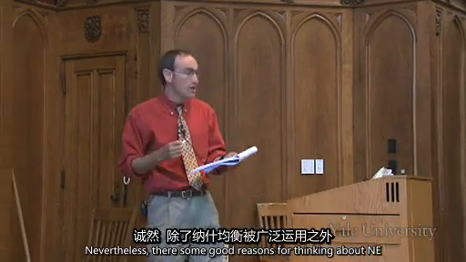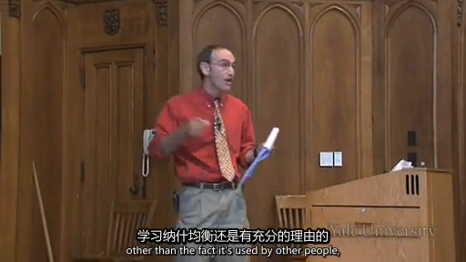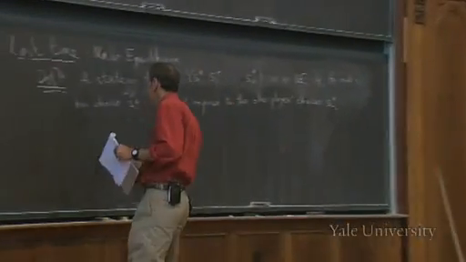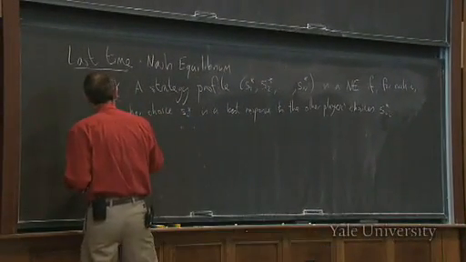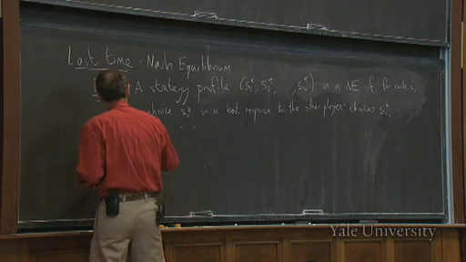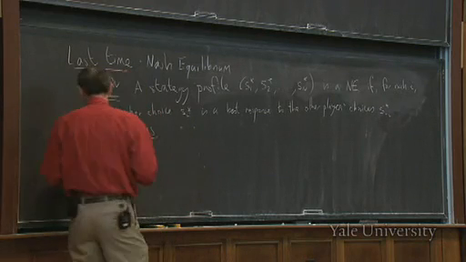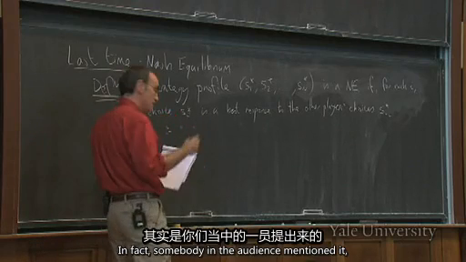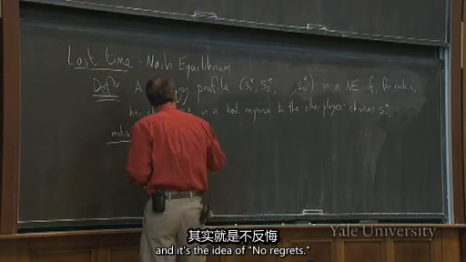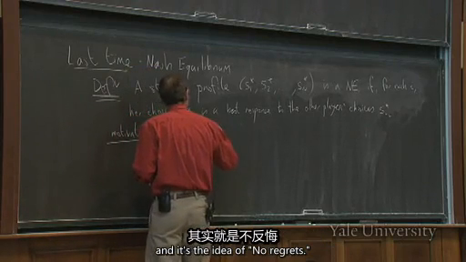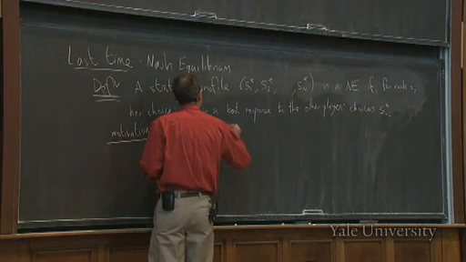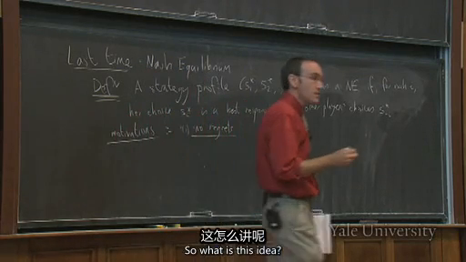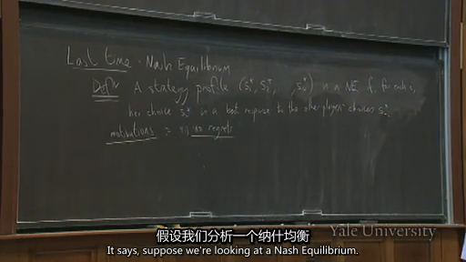Nevertheless, there are some good reasons for thinking about Nash equilibrium, other than the fact it's used by other people, and let's talk about those a bit. So I want to put down some motivations here. The first motivation we already discussed last time. In fact, somebody in the audience mentioned it, and it's the idea of no regrets. So what is this idea? It says, suppose we're looking at a Nash equilibrium.